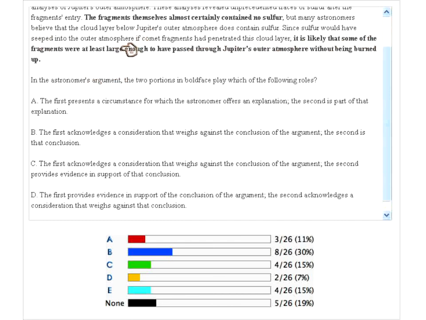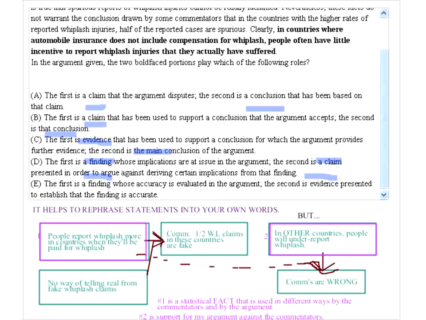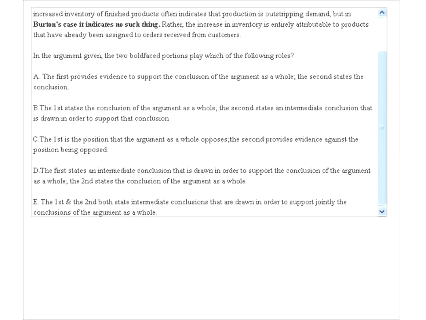If you look at this sentence, the fragments that contain no sulfur, but many astronomers believe that, and so on, the relationships here aren't going to be simple. It's the relationship between these two parts that will contribute, but you're only caring about this one part. And indeed, some boldfaces, like here's a question that we didn't get the chance to review.